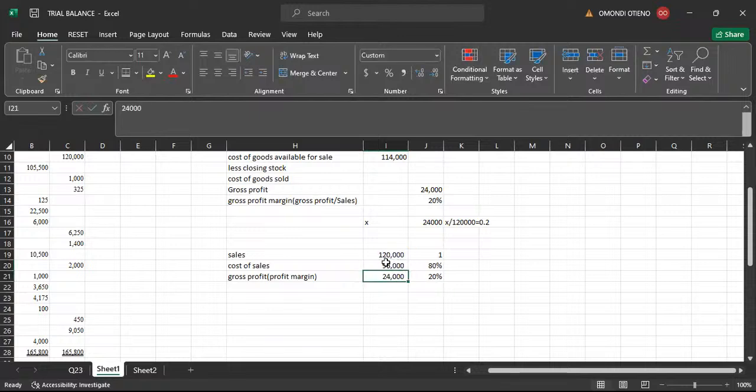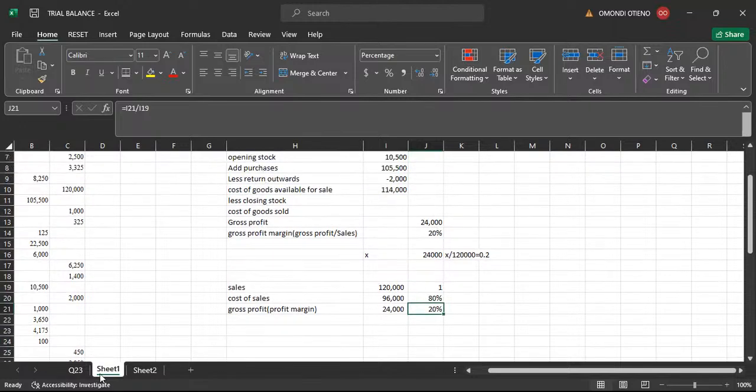So I'm working backwards to be able to get the cost of sales. So you are able to see that my cost of sales is 80%, my gross profit margin 20%. That is what the examiner has given you. So we've known our gross profit is 24,000.